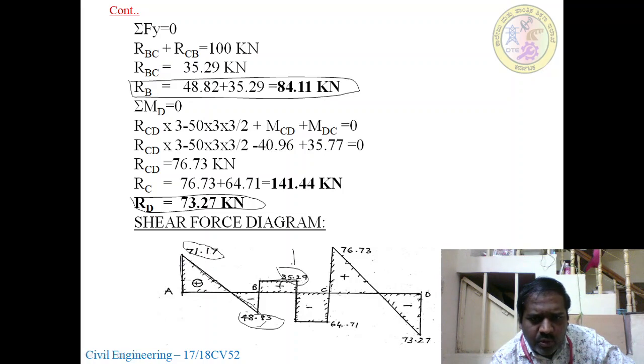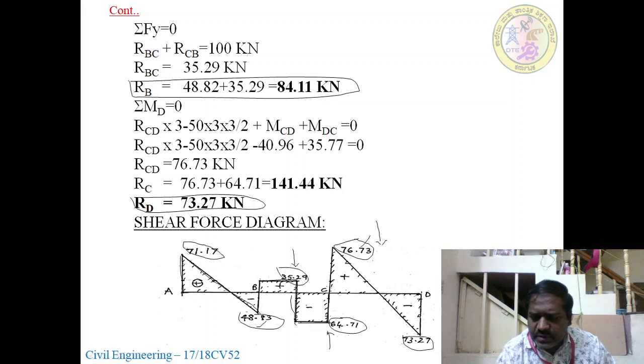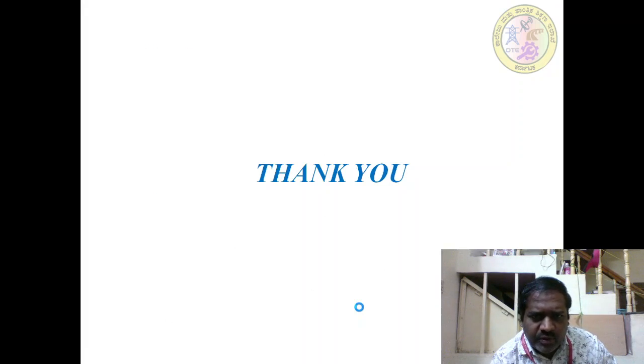The total load minus 35.29, you will get this difference, that is 64.71. Take the 64.71 like this. What is the RC value? RC minus 64.71, you will get 76.73. The UDL load minus 76.73, you will get 73.27. This is how the shear force diagram will be drawn.